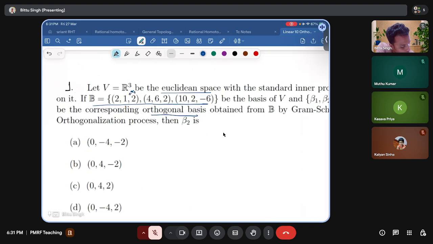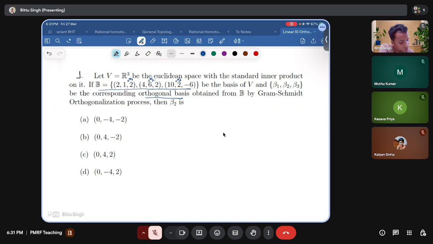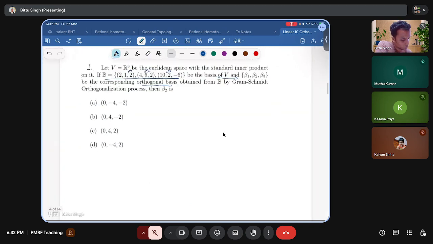Suppose this is alpha 1, this is alpha 2, and this vector is alpha 3. We need to change those alpha 1, alpha 2, alpha 3 to an orthogonal basis using the Gram-Schmidt method. In this question, we need to find beta 2 only.